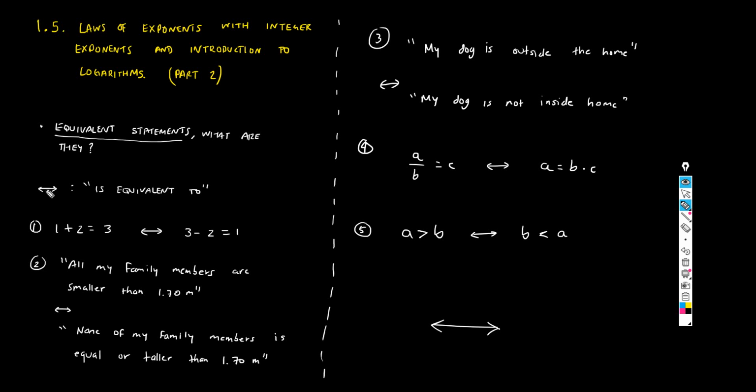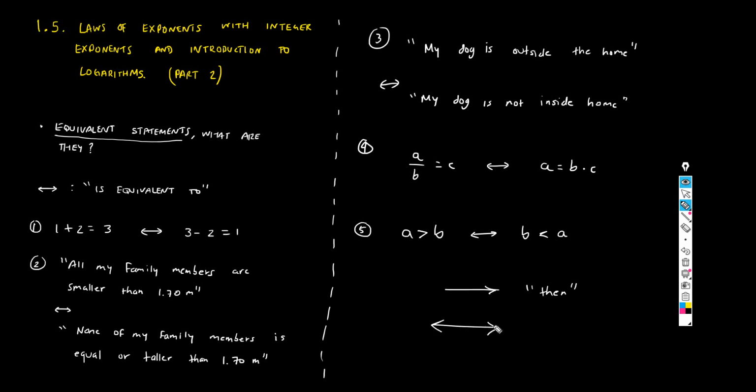Whenever you encounter this symbol in mathematics or in logic, what it means is the following three words: is equivalent to. Pretty much in the same way that just an arrow meant "then." Whenever you see this arrow, you need to pronounce it as "then."